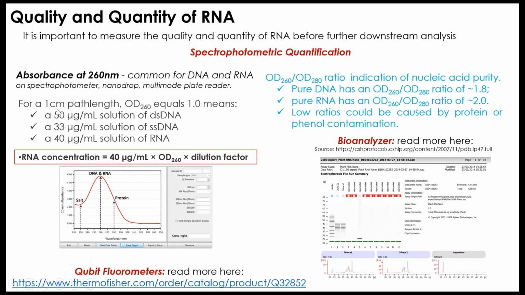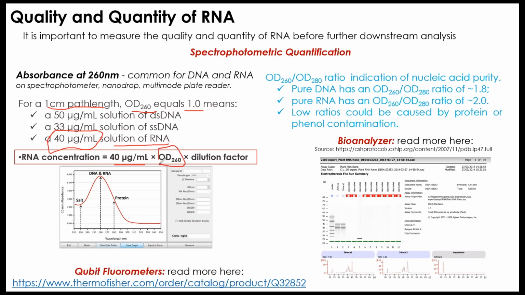Now, for a 1 centimeter path length, when you are using, let's say, a spectrophotometer, if the OD at 260 is 1, it means 40 microgram per ml of RNA, right? If you keep that in mind, then RNA concentration will be 40 microgram per microliter multiplied by OD.